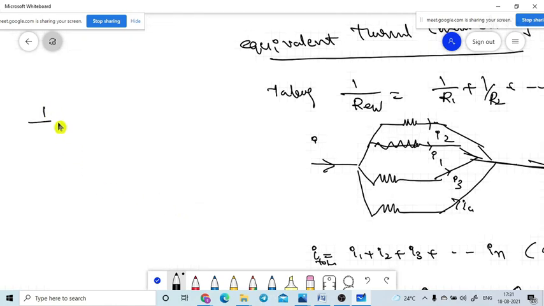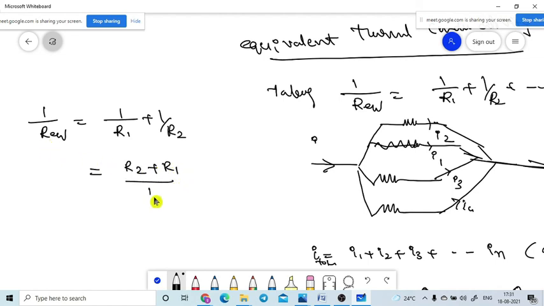So 1 by R equivalent is equal to 1 by R1 plus 1 by R2. Our goal is to find the R equivalent. That is equal to R2 plus R1 divided by R1 R2, but this value is 1 by R equivalent. So R equivalent is equal to R1 R2 divided by R1 plus R2.